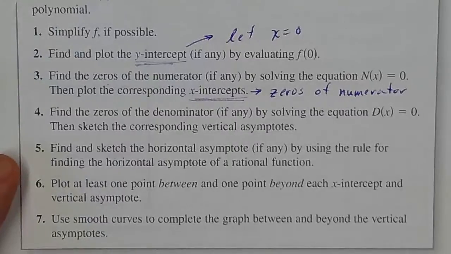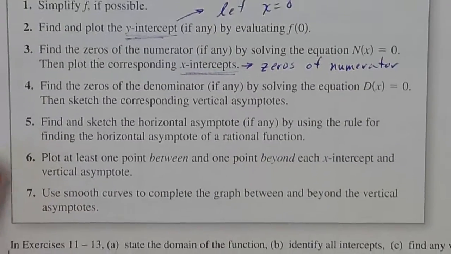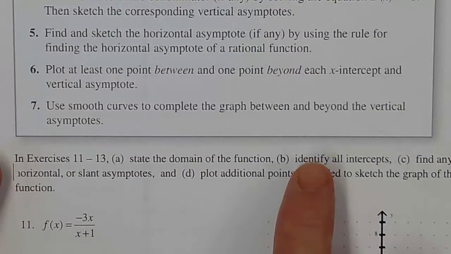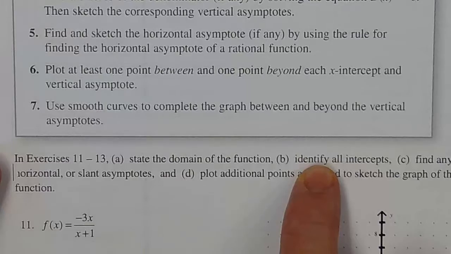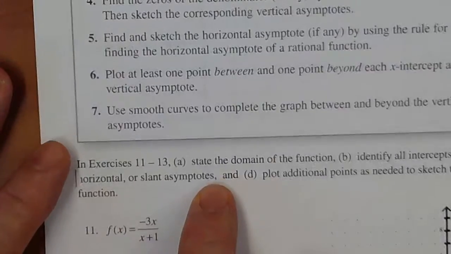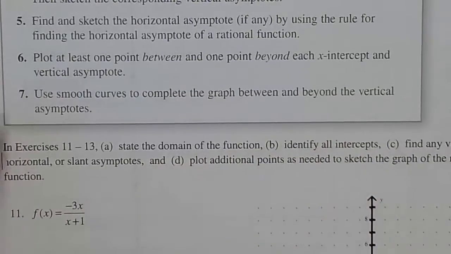All right, so we'll put it all together tomorrow and put these graphs together. But all I want to do today for 11 and 12 is focus on part B, identifying these intercepts. Okay, we found the domain. Before break, we found asymptotes, but then we'll put it all together with intercepts in the graph tomorrow.